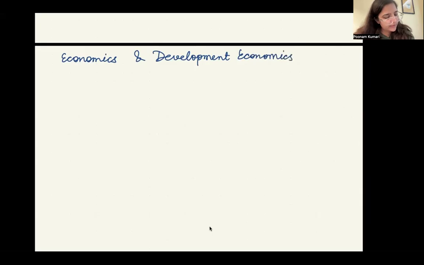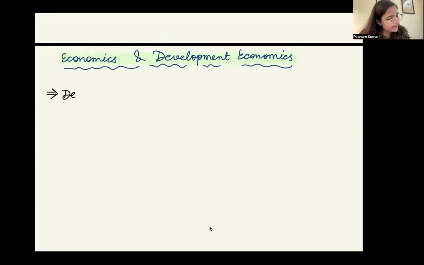So first of all, if I would like to define what we do in development economics, actually what is the main goal? It is driven by one core objective. Firstly, let me define what is development economics.